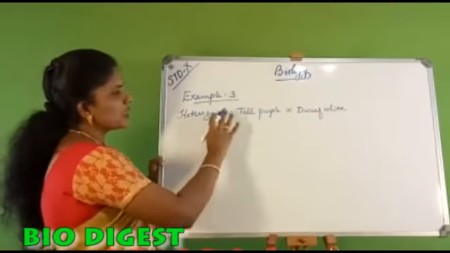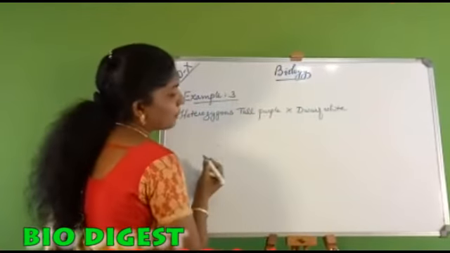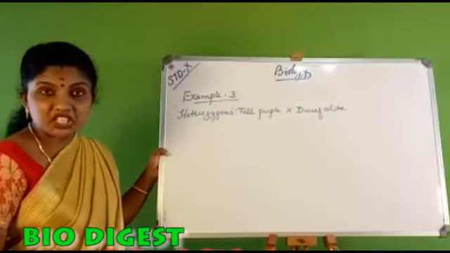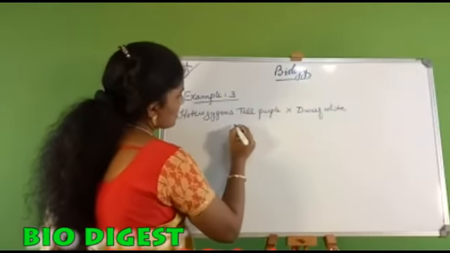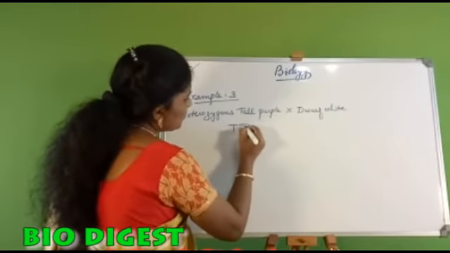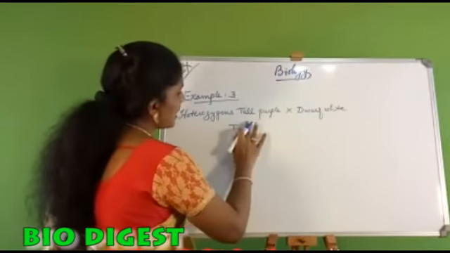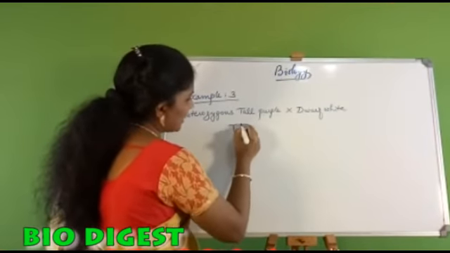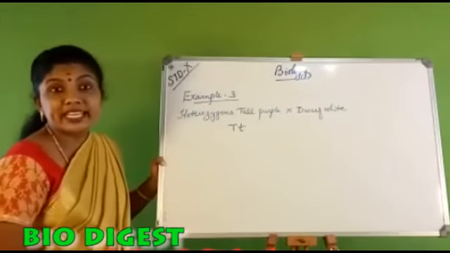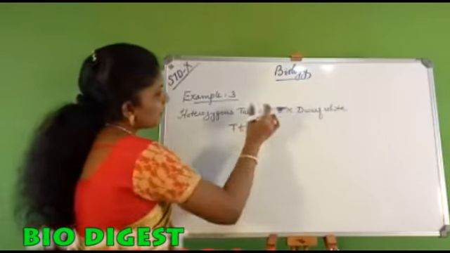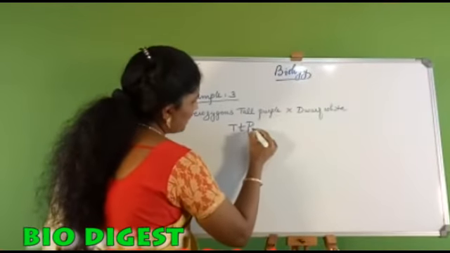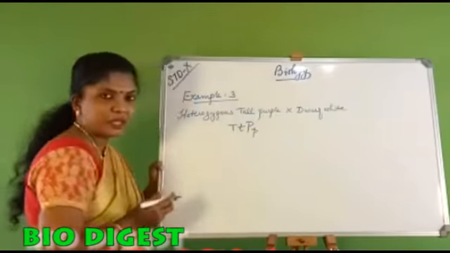So heterozygous tall purple, how will you represent the heterozygous condition? Tallness. Homozygous means it will be both capital T's. So heterozygous means one will be capital T, another will be small t. Purple, one will be capital P, another will be small p.